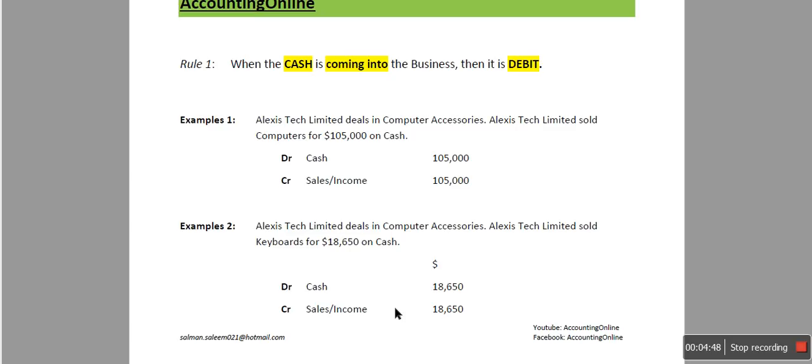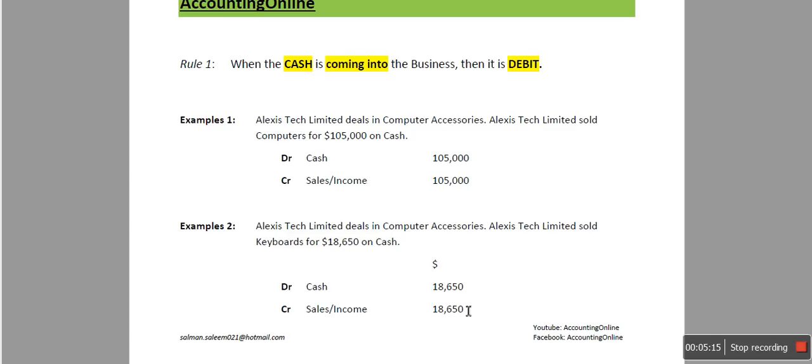The keyboards are going out, and the cash is coming in. So cash is debit. And why is the cash coming in? Because of the sale of keyboards, so sales or income is credit. This is an example for when the cash is debiting. I hope you get it.